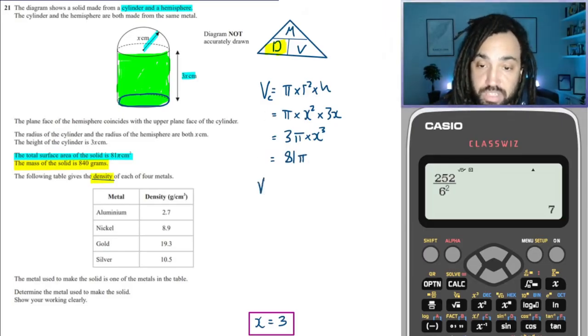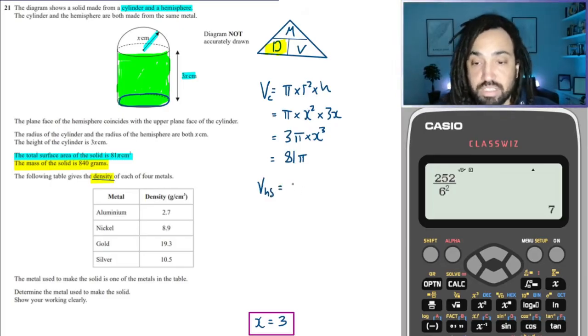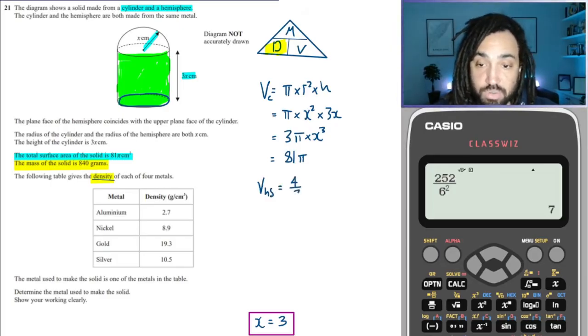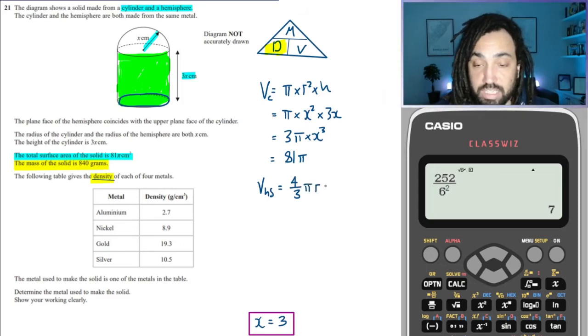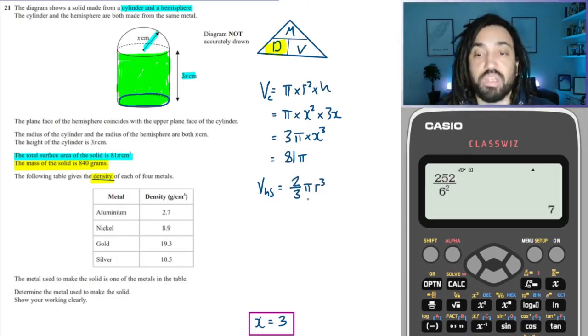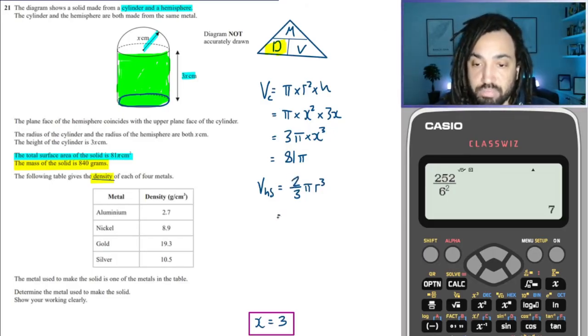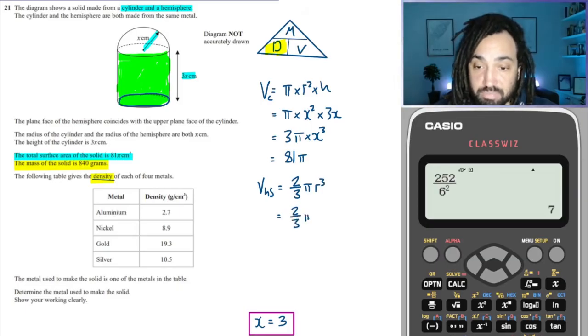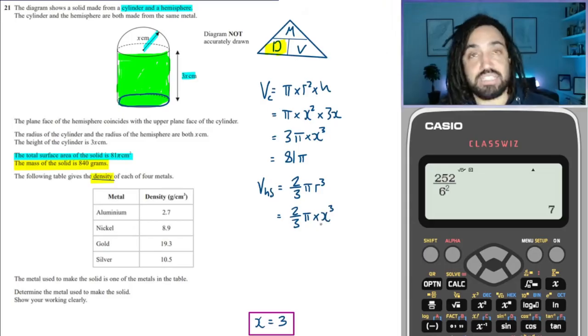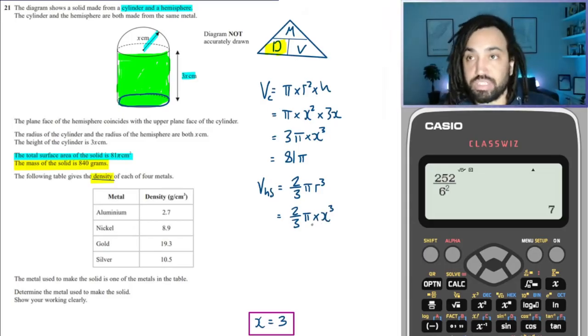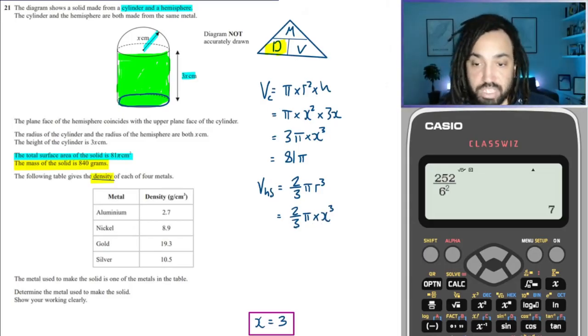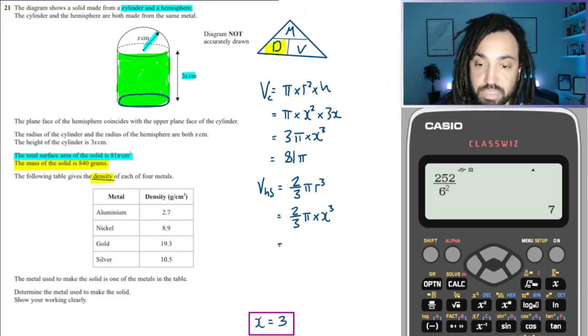But we also need to find the volume of the hemisphere as well to add that on. And the volume of a hemisphere, well, a whole sphere is 4 thirds pi r cubed. So a hemisphere is half of that, so it's 2 thirds pi r cubed. And once again, r is x, and x is 3, so x cubed is 27, divided by 3 is 9, times 2 is 18.